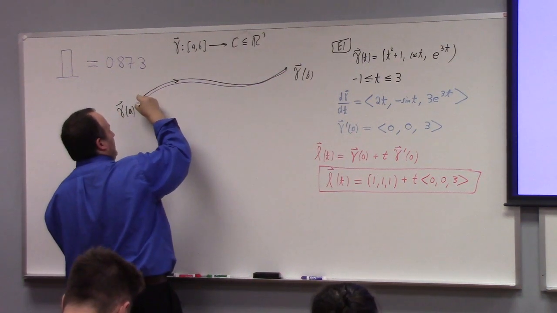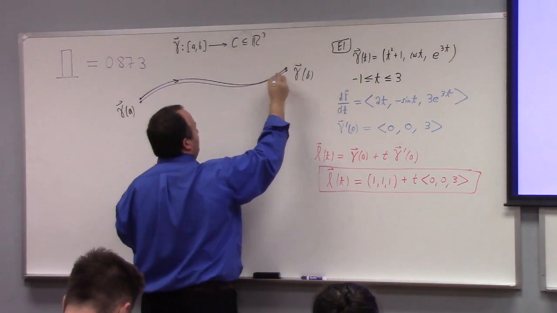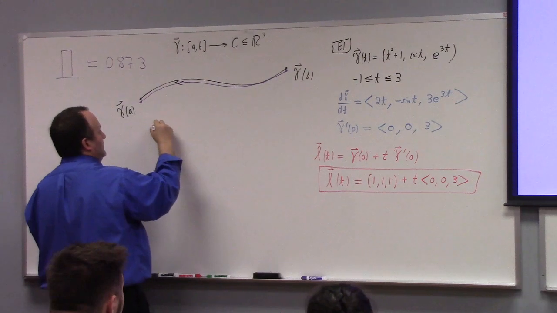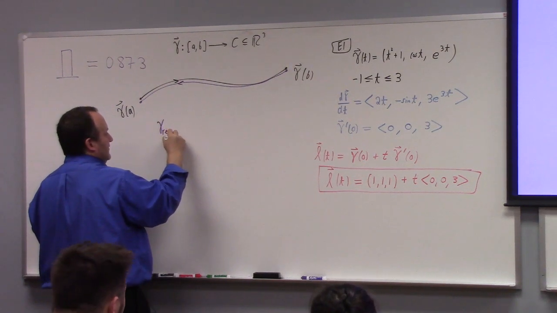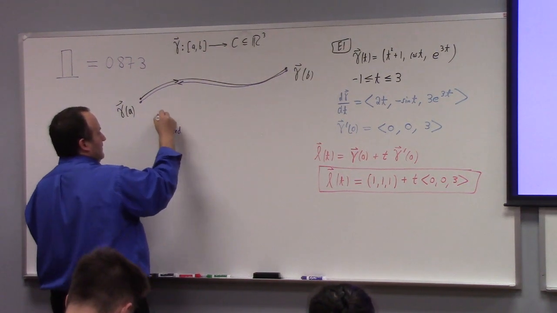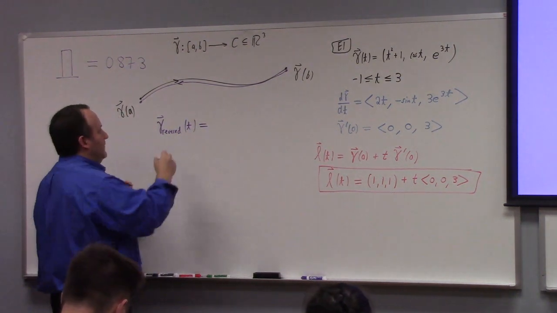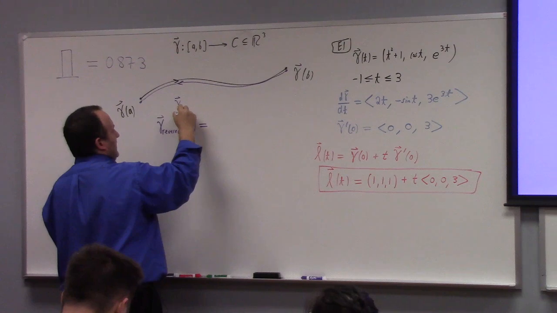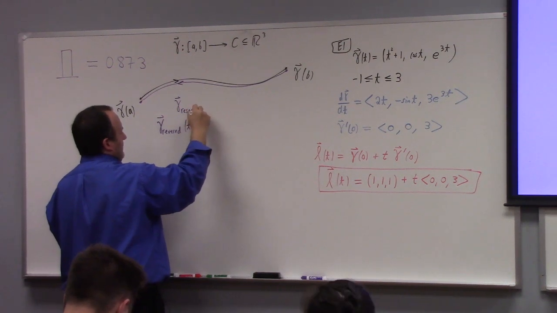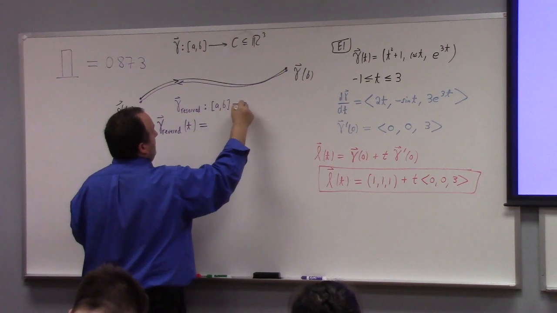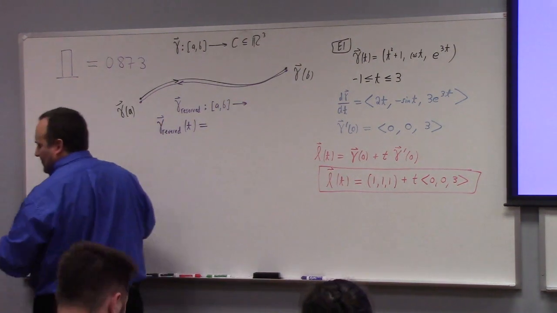I'm just drawing it for the sake of perspective, as if it's a different curve, but I just want to go in the other direction. So I want the reversed curve. And what if I want to make, just as a matter of, let me make sure I'm doing that right.